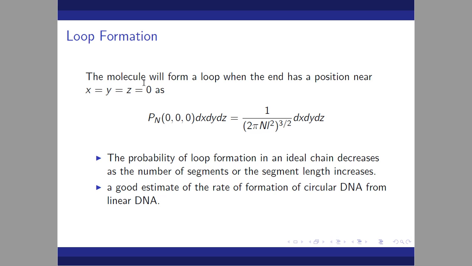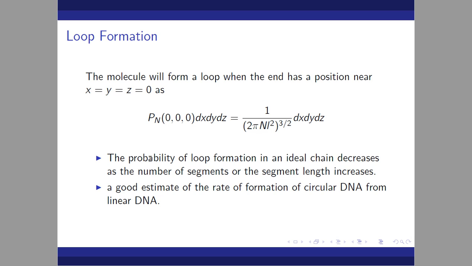The molecule will form a loop when the end has a position near x, y, z equal to 0. So Pn(0, 0, 0), exponential 0 is 1, so 1 over 2 pi n l squared to the power 3 over 2, dx dy dz. Here we can see that x, y, z equal to 0.